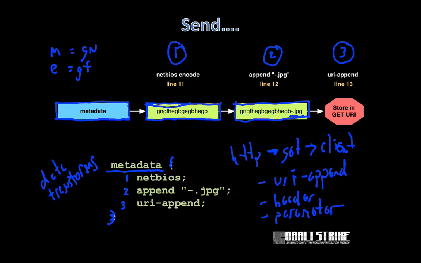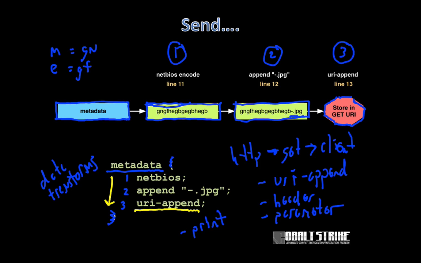And if we're doing an HTTP POST to send our data back, we have the option of using print as a terminating statement as well. So again, a lot of flexibility. This is the point of Malleable C2. I like to refer to it as user-defined storage-based covert communication. You are defining what you want to have happen to the data and telling the product where to store that transformed data.